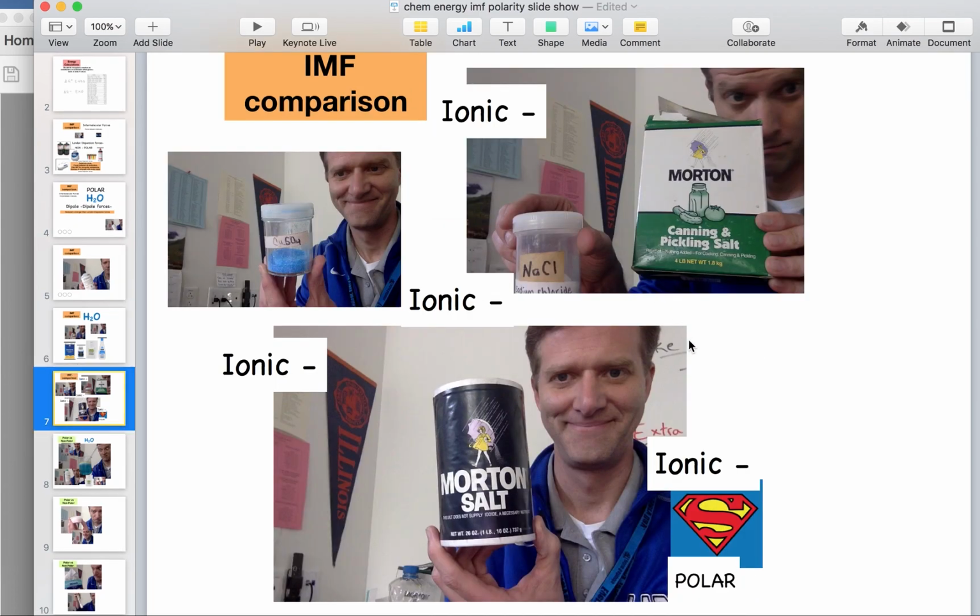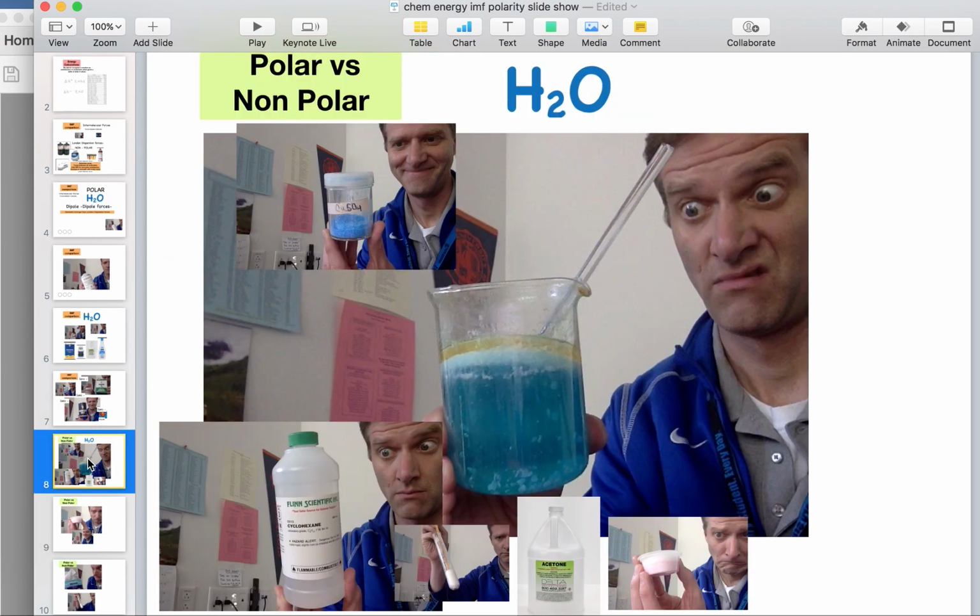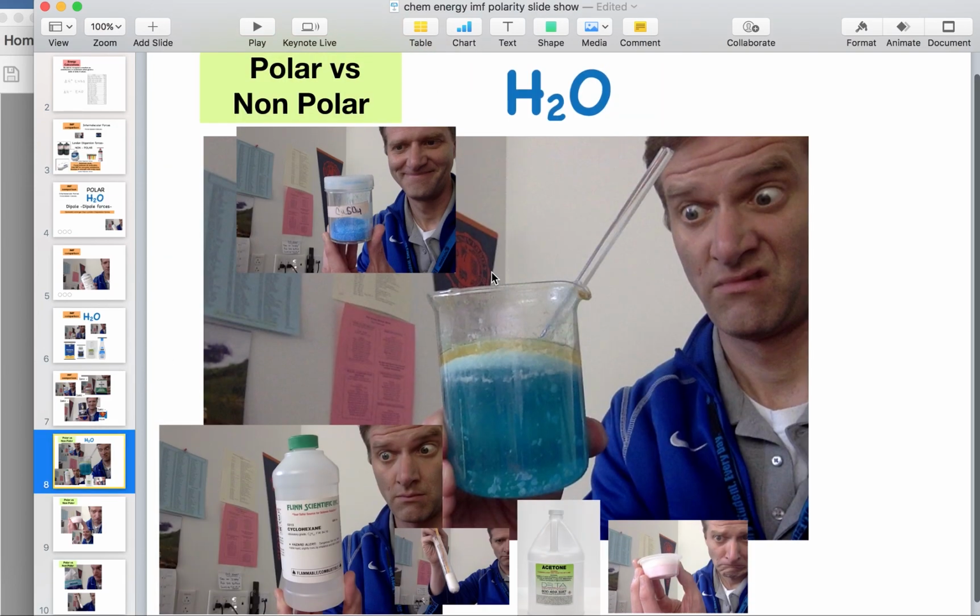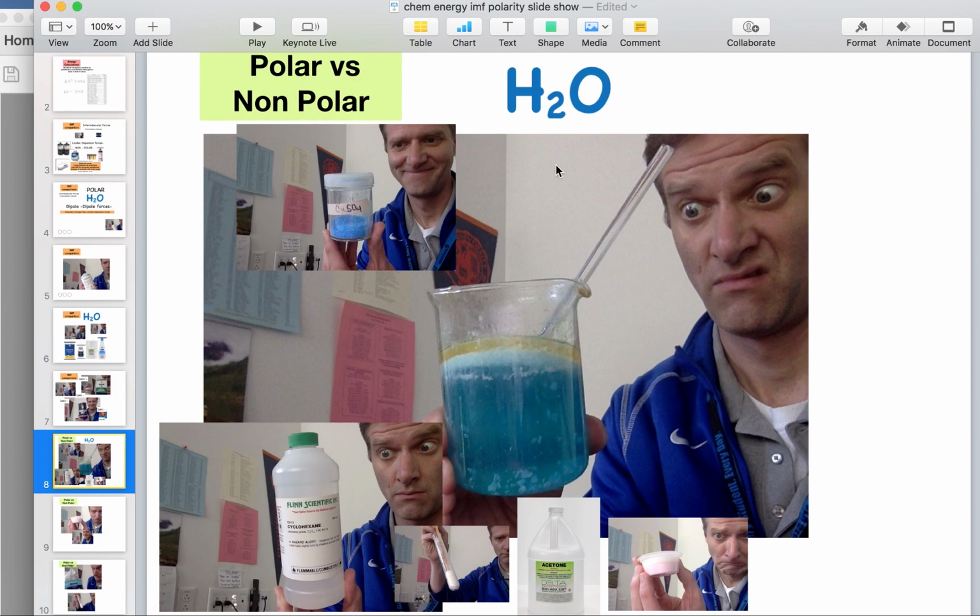Yeah. Now, ionic stuff is super polar. I mean, it's super stuck together. Super strong IMFs. It's really, really solid. There's that blue salt we used. Once again, we ask is it polar? It's water.